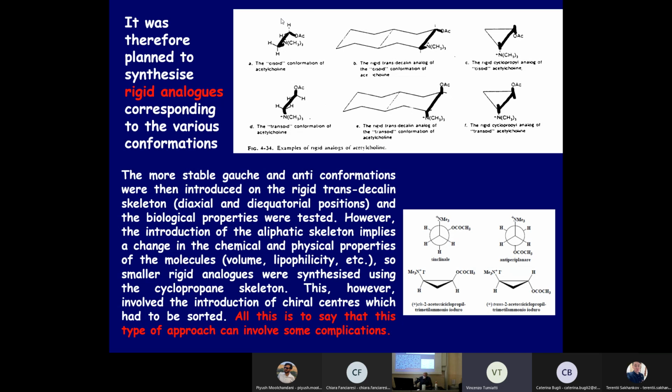This means that we can introduce the residues of acetylcholine on a constrained system. In this case, you can see the rigid transdecalin analog of the cisoid conformation, or we can see a cyclopropane residue.